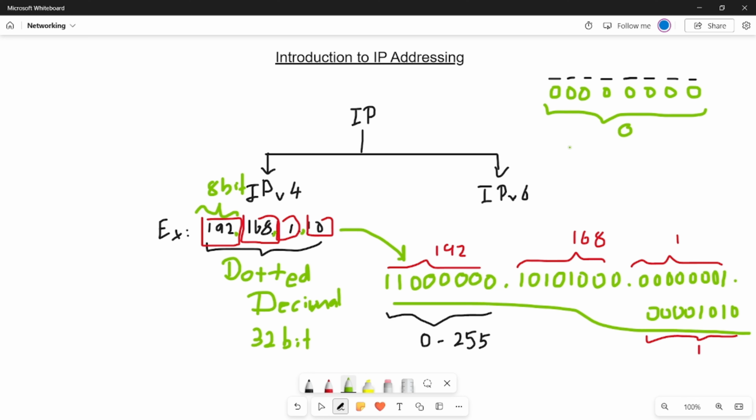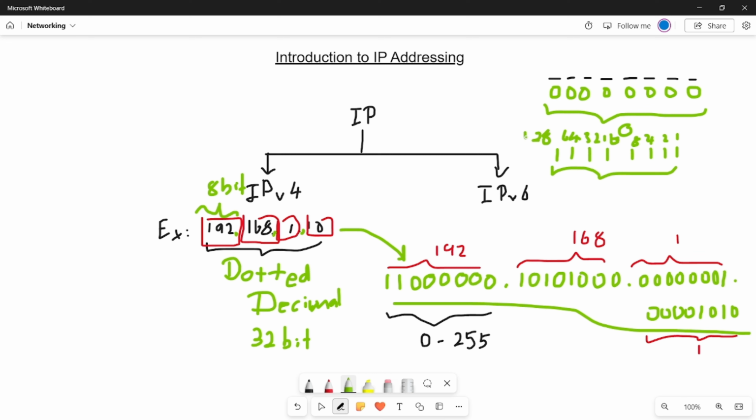To calculate the maximum number that we can store using 8 bits, we simply put 1 for all the bits. If we consider this in decimal format, the positional values are 1, 2, 4, 8, 16, 32, 64, and 128.